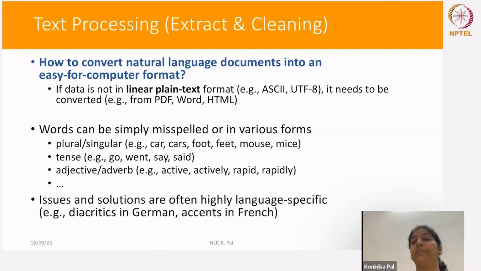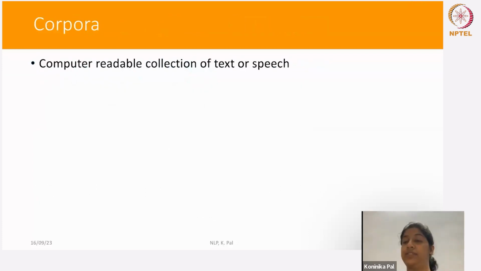Before talking about the processing pipeline, let's first discuss what a corpora is. As I have just mentioned, all these language models or systems are built upon some data, and this data must come from some place, and that's exactly the corpora.